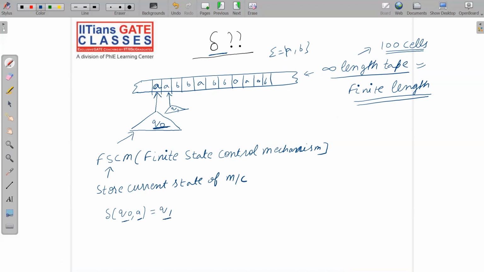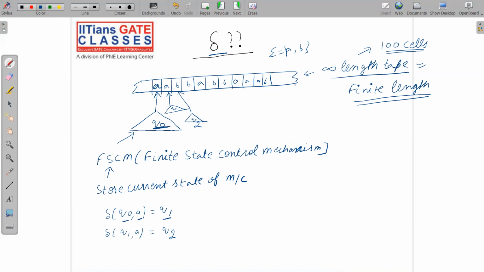Now say the FA is at Q1 and has read symbol A; which state will it go to? That is again given by delta, say δ(Q1, A) = Q2. So now we move to this symbol B, the read head will be on this B, and the state will be Q2. Now at Q2 B is read, which state will it go to, and so on.